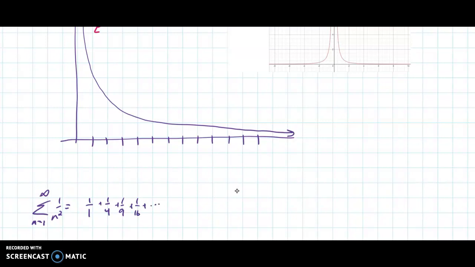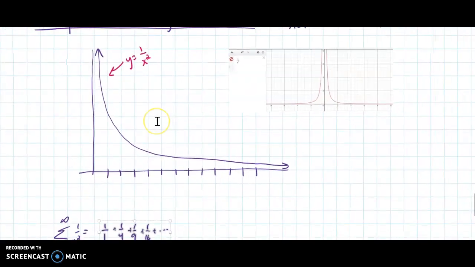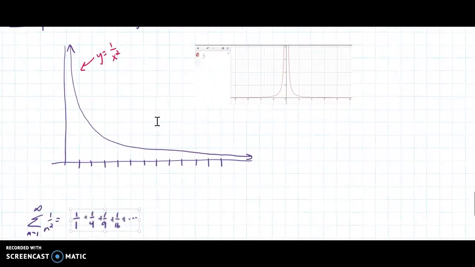So what I can do, if I want to add these out forever, is look at these values and how they show up on the graph of y equals 1 over x squared. And let me zoom out just a little bit here.